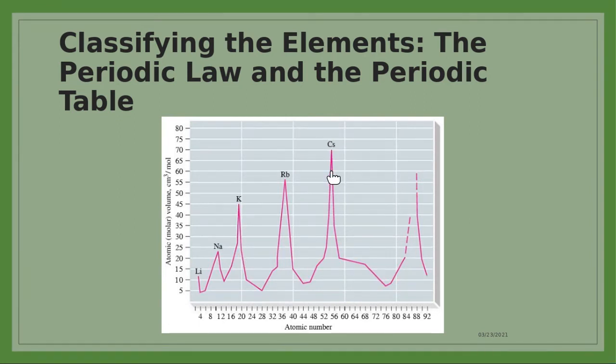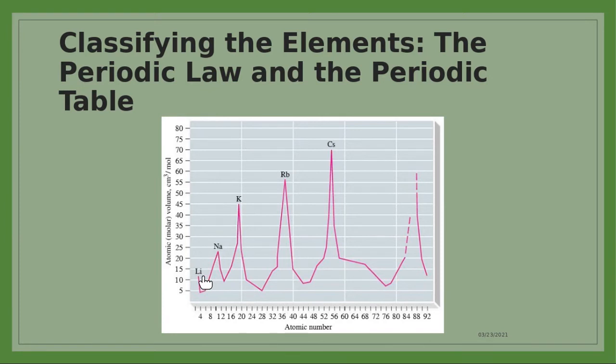Of course, a number of elements, such as the noble gases, were undiscovered in Mayer's time, because this is so ancient. The graph shows peaks at the alkali metals: lithium, sodium, potassium, rubidium, and cesium, the 1A group.